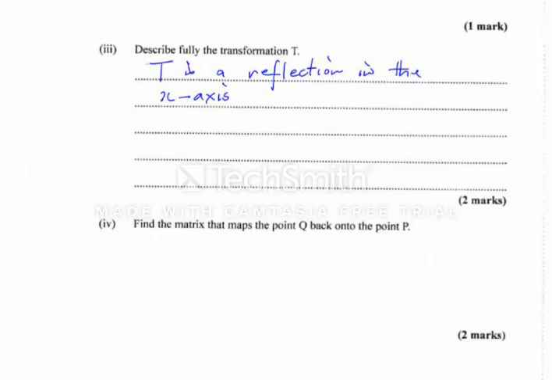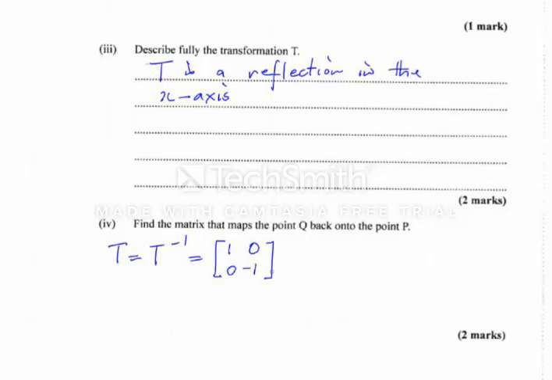Now, if you reflect P in the x-axis, you get Q. So the converse is also true: if you reflect Q in the same x-axis, you're going to get back P. It means therefore that T is equal to T inverse, which is equal to 1, 0, 0, -1.